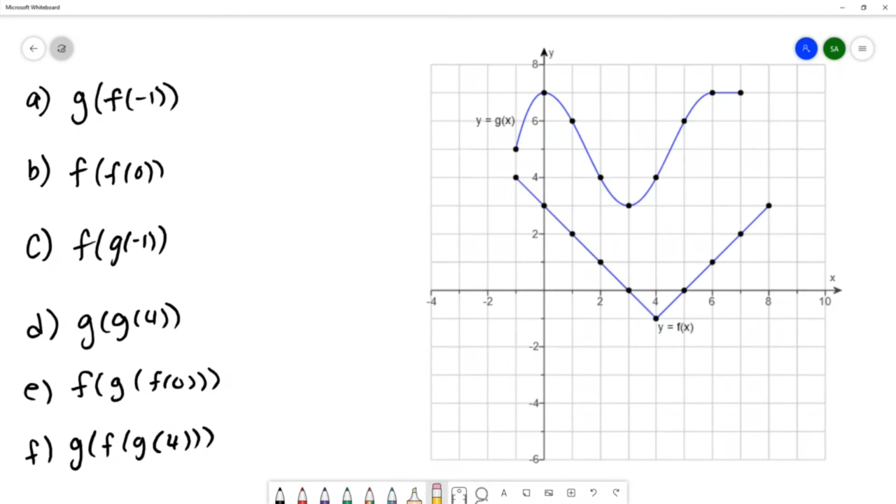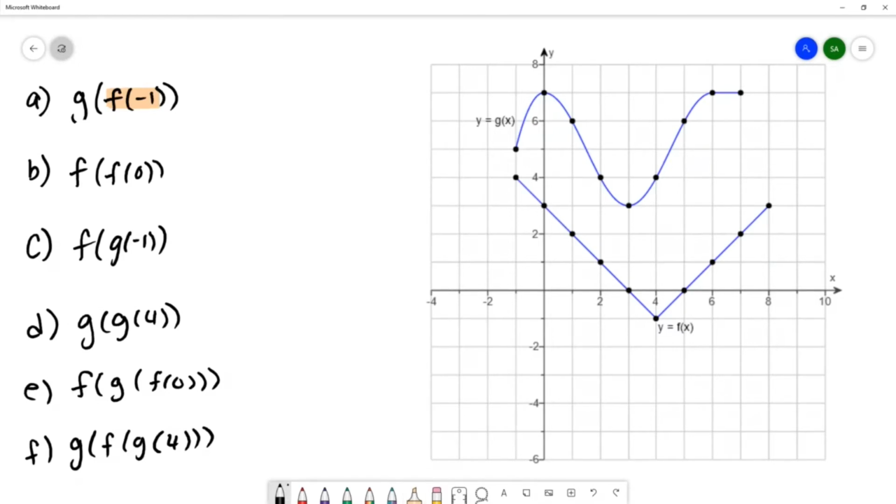On the left, I have some questions, which we'll use these graphs to answer. In part A, we have g of f of negative 1. This is the composition of two functions, and we're going to start with the inside. So we're going to start with f of 1. Oh, sorry, f of negative 1.